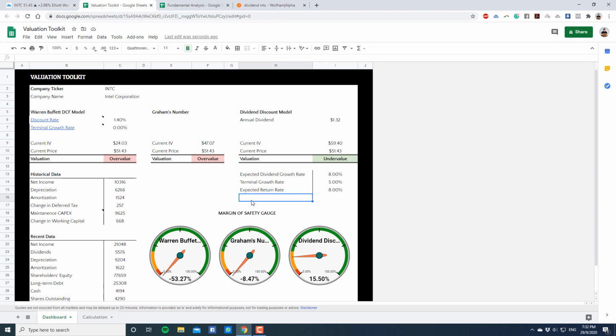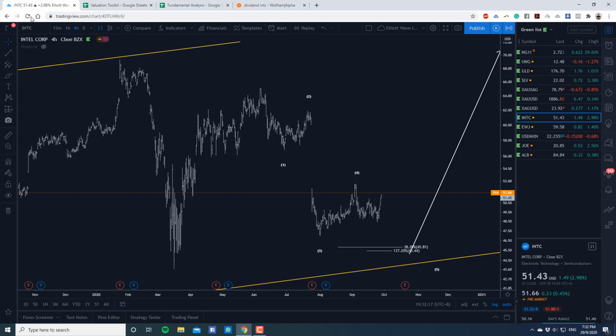But of course, you guys know that I don't only look at the fundamentals and the valuation toolkit. I'm also looking at the technical charts to tell me the best price, the highest probability where I can catch near the bottom of Intel.